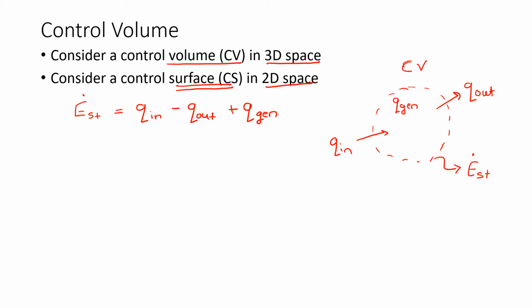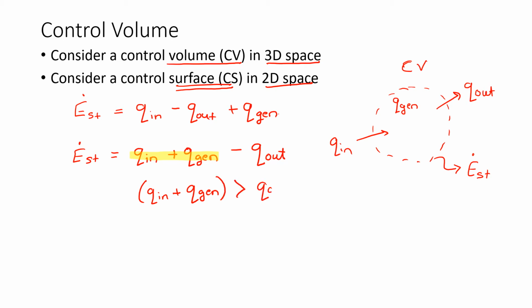Now let's rewrite this equation as E_ST equals Q in plus Q gen minus Q out. Now let's say if your Q in plus Q gen is greater than Q out, this will mean that you are storing energy into the system.